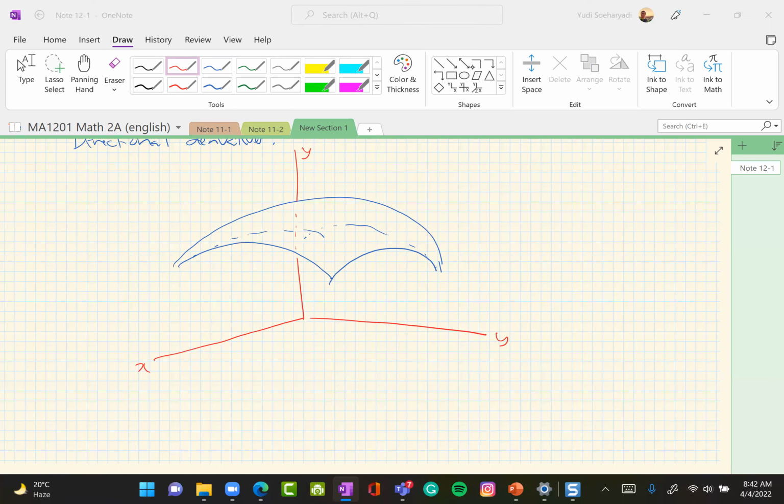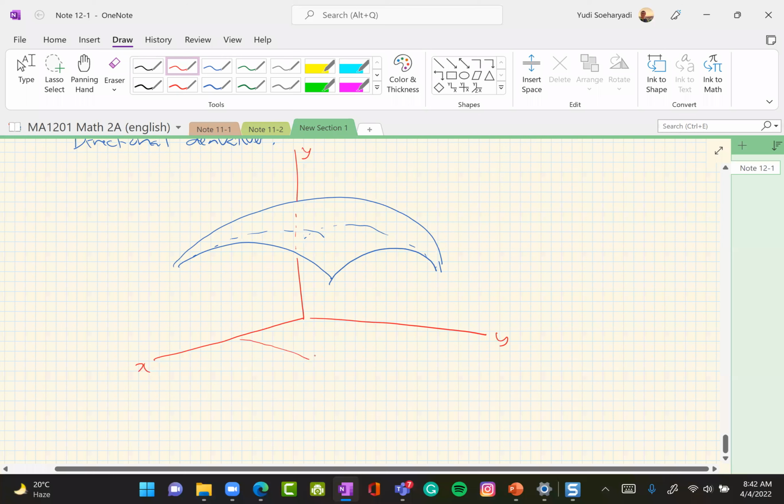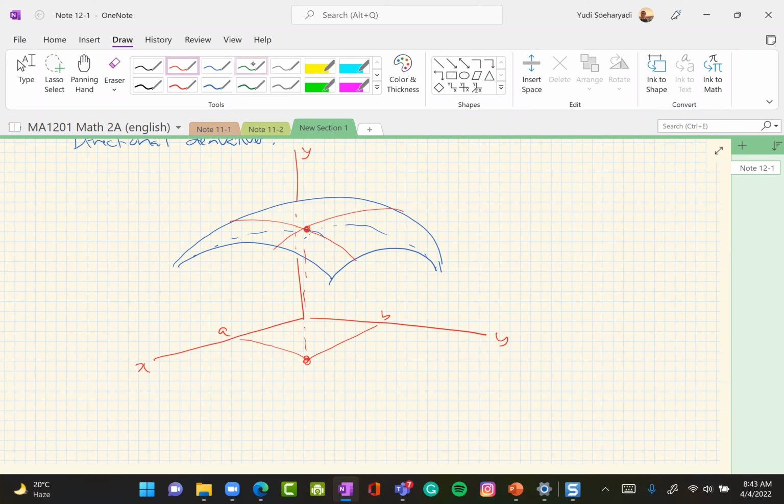So if you look at this point, so this is (a, b). Okay. So you have the partial derivative. Partial derivative is a slope, actually.